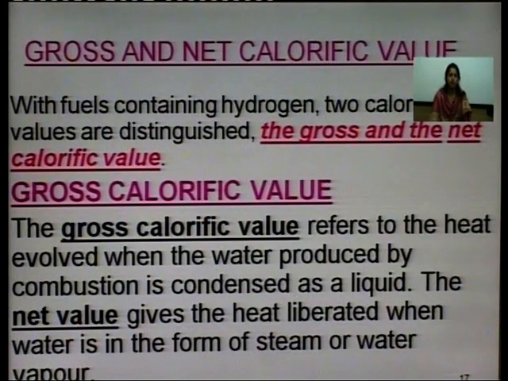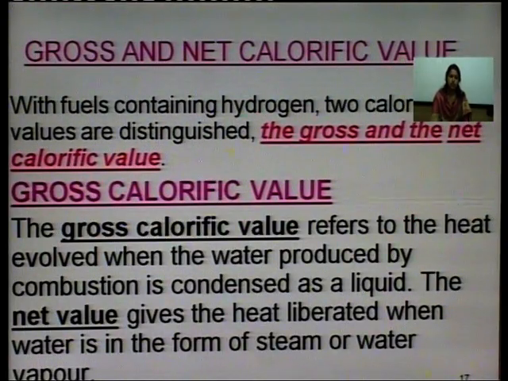But in the case of net calorific value, we assume that the water in the form of steam, produced during the combustion reaction, is allowed to escape. So, the latent heat of condensation evolved during the combustion is not considered.